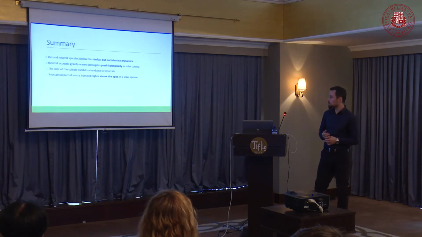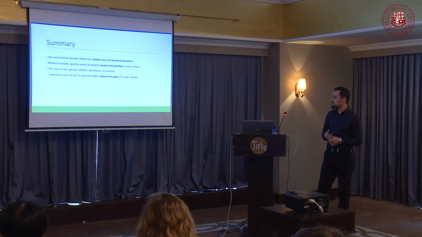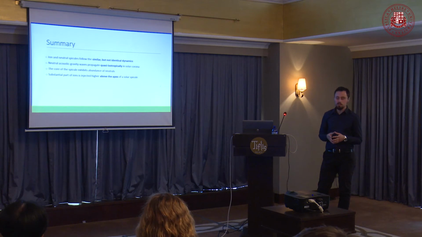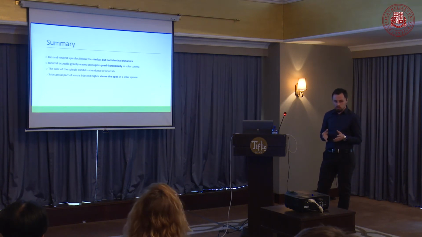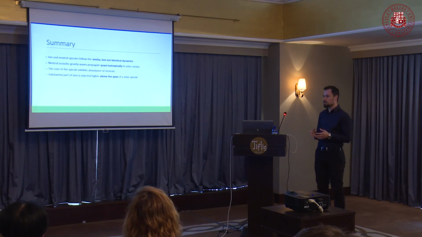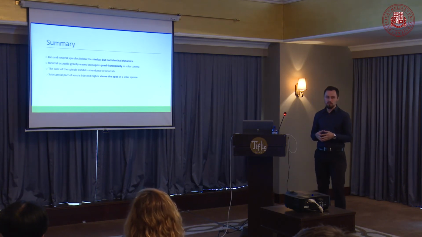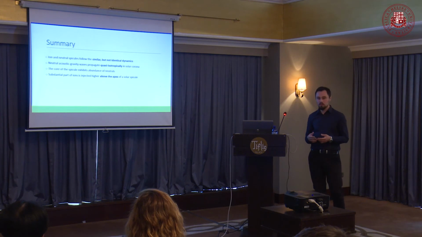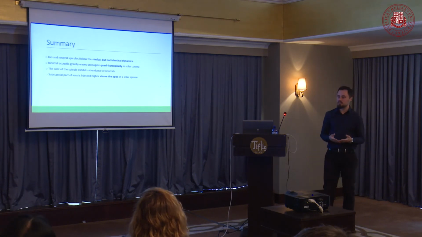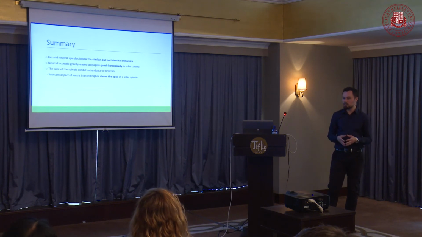So, going to a fast summary: as we see, the ions and the neutrals evolved almost the same way, but there are differences that we expected. These differences come mostly from the fact that ions interact with the magnetic field directly, while neutrals do not.